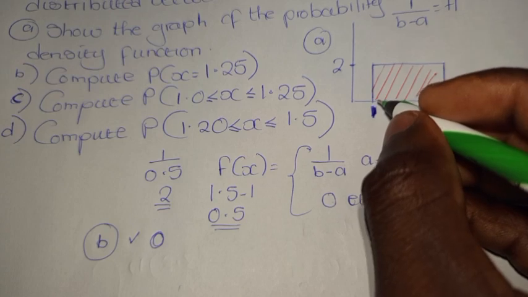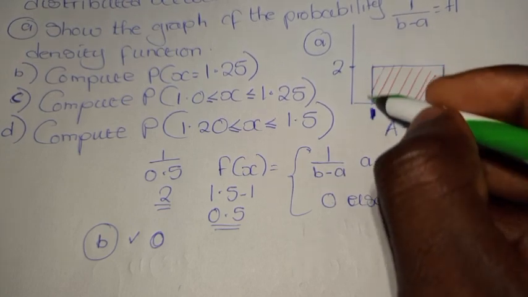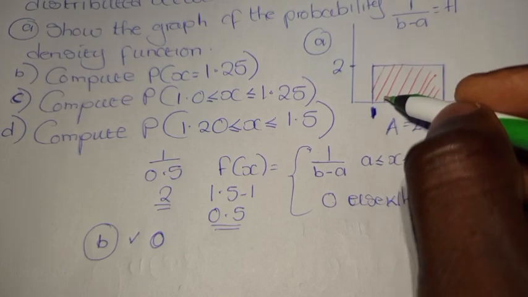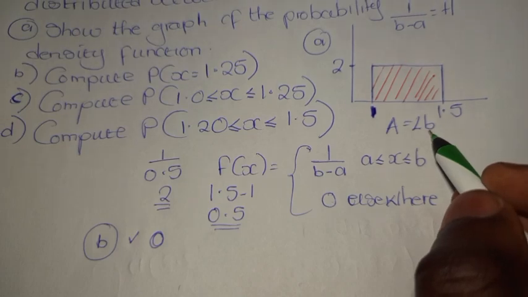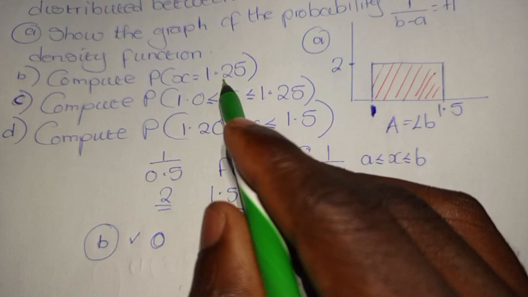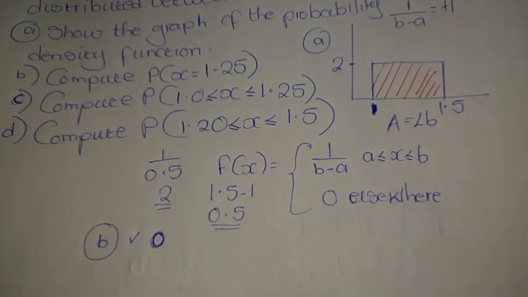We only have our 1. Does this one and this one have a space in between? No, which means there is no width. If there is no width, let us assume the breadth is 0, and any number multiplied by this will still be 0. I think now we understand better. So we do not assign probabilities under continuous probability. In short, the answer that we will always be getting is 0.